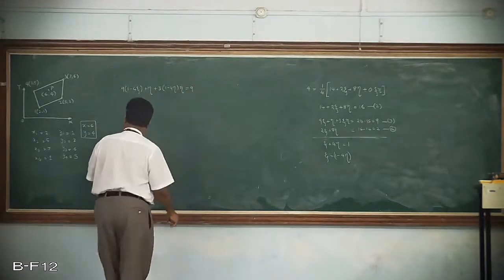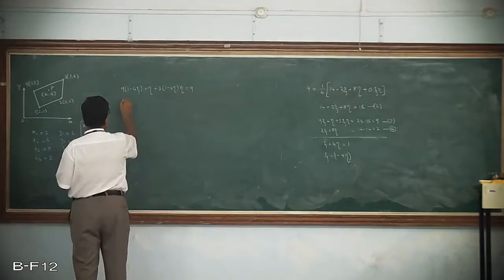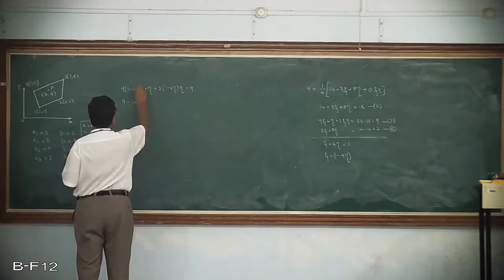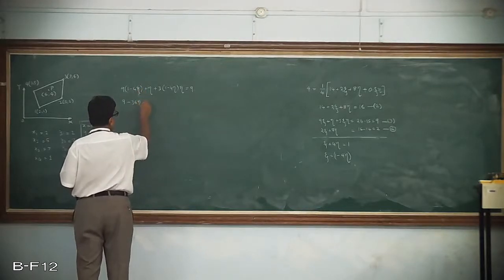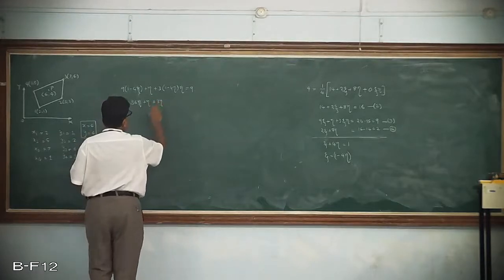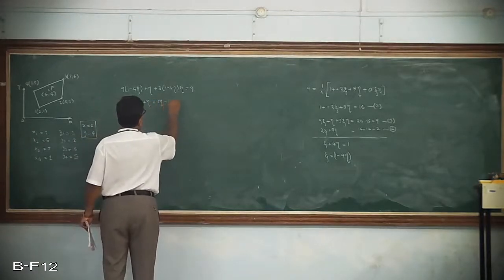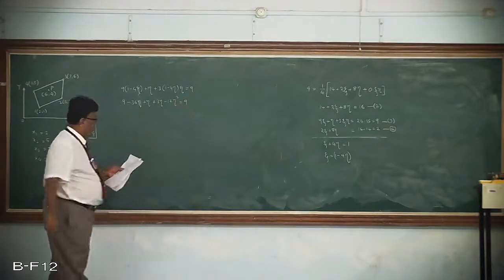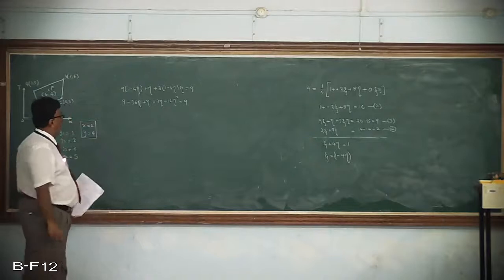So what we will get? 9 minus 36 eta, this is eta only, 36 eta plus 3 eta minus 12 eta square is equal to 9. This is what you are going to get.